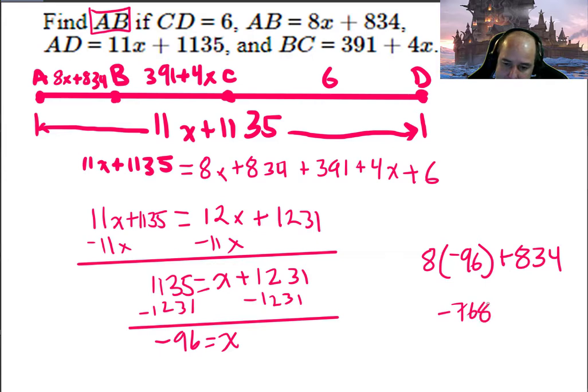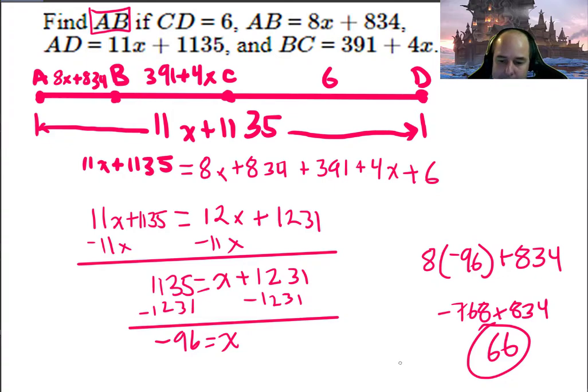Negative 768 plus 834. And I'm just going to give you a tip. If you ever get a distance of a segment being negative, then you probably did it wrong in regular on-level geometry. So just be aware of that, right? So negative 768 plus 834 is going to be 66. So my answer then is AB is equal to 66. And that's my answer.